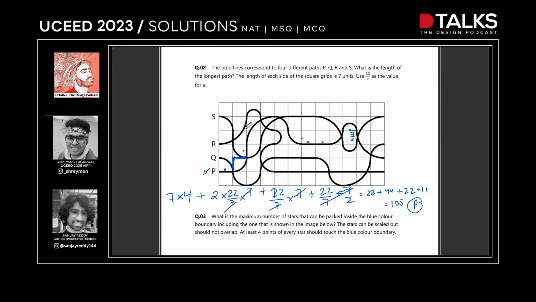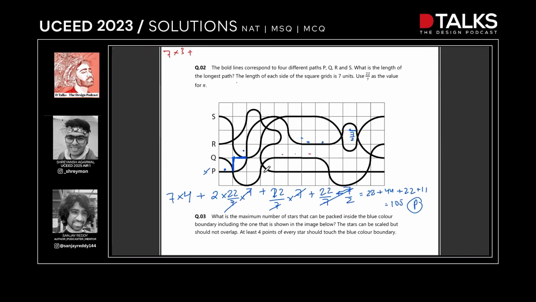Okay, let's do Q next. For Q, I'll change colors. Again, straight lines. That's 1, 2, 3, and that's it. So it's 7 times 3 plus, let's do the small circles.